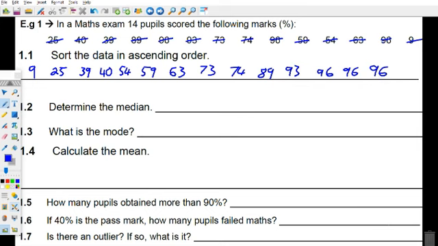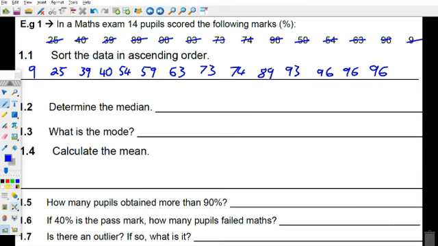So determine the median. What did we say was our median? The middle number. So how many numbers are there? 14. There's an easy way we can find it. We can either just find the middle, or we can say the number of people is 14 plus 1 divided by 2.